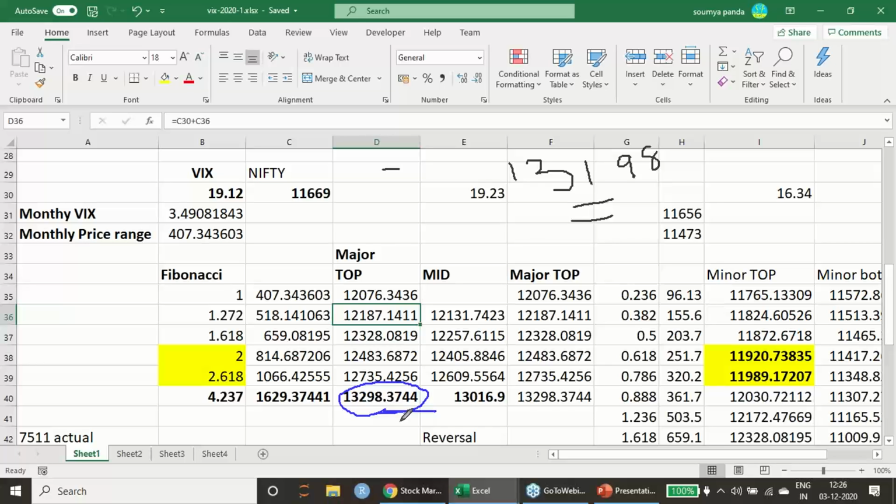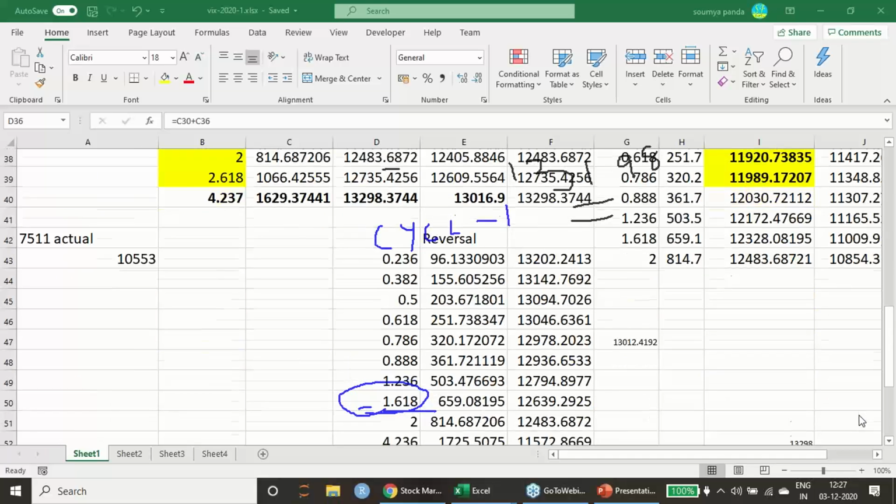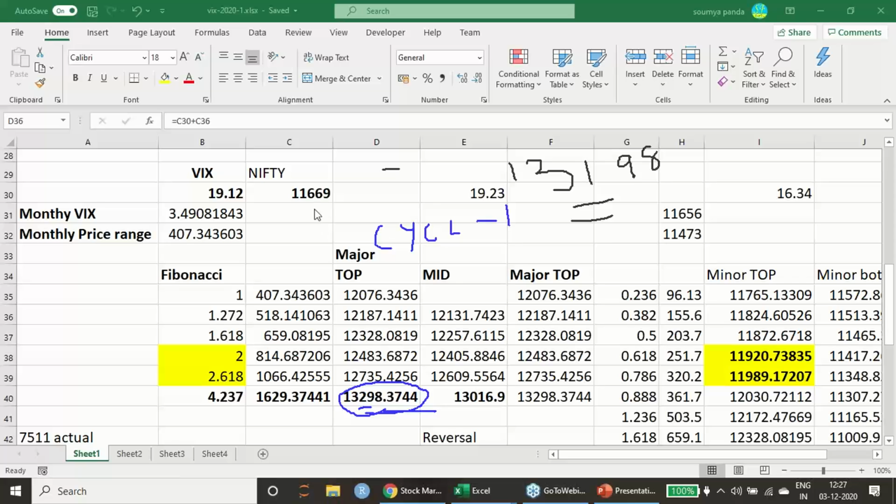It's not like that. All the calculations we are doing are for cycle 1, the first cycle. If the price penetrates 13,298, then we need to do the calculation for the second cycle. There, only this price point has to change.